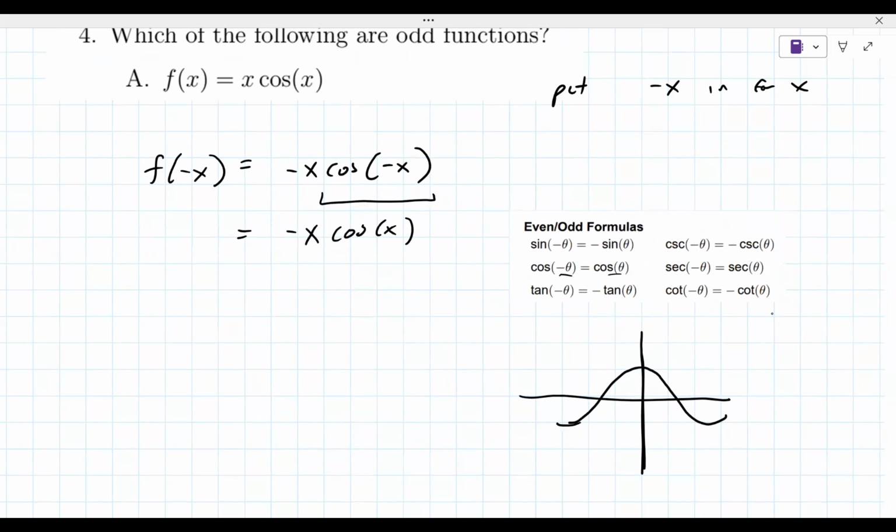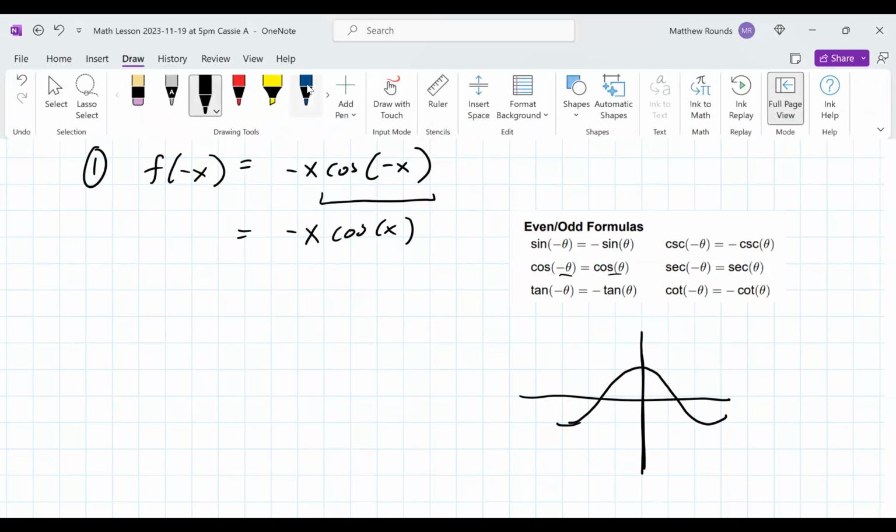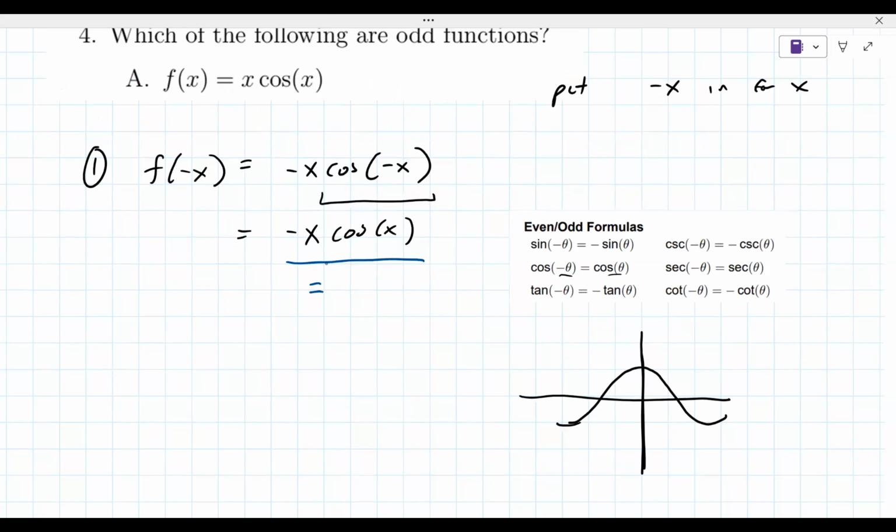So here's the recipe. You start by putting negative x in for x. And if what you have at the end here, I'm going to do this in blue, is exactly equal to the original function, yes or no? Exactly.